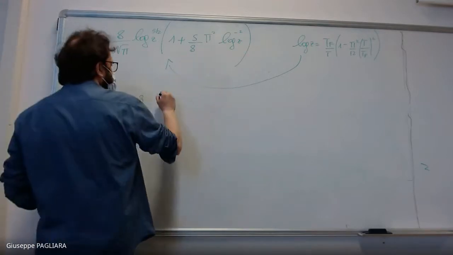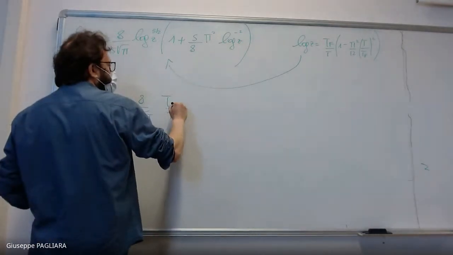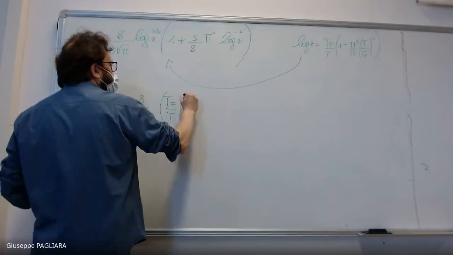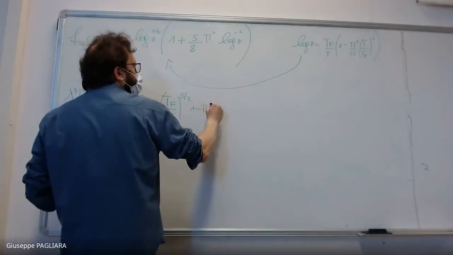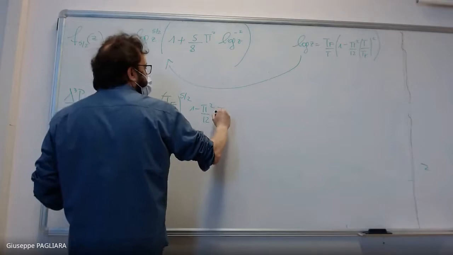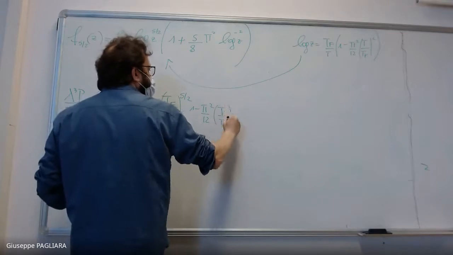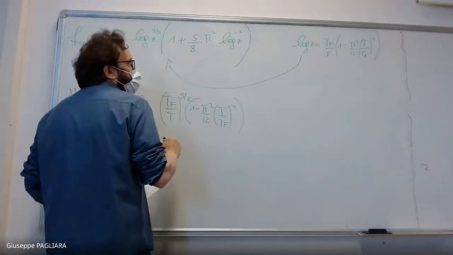So it's T_F divided by T to the 5 half, and 1 minus pi squared divided by 12, T divided by T_F squared, to the power of 5 half.